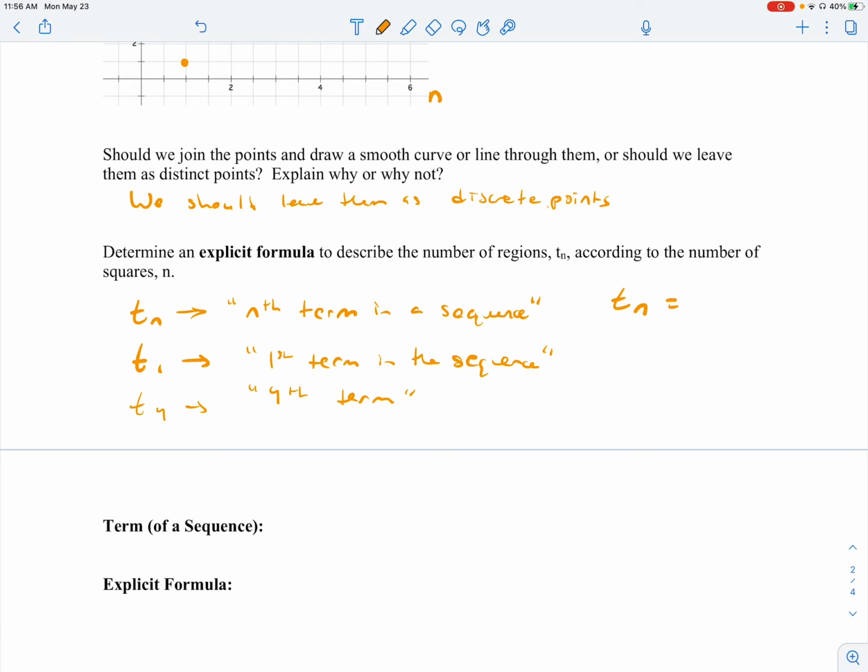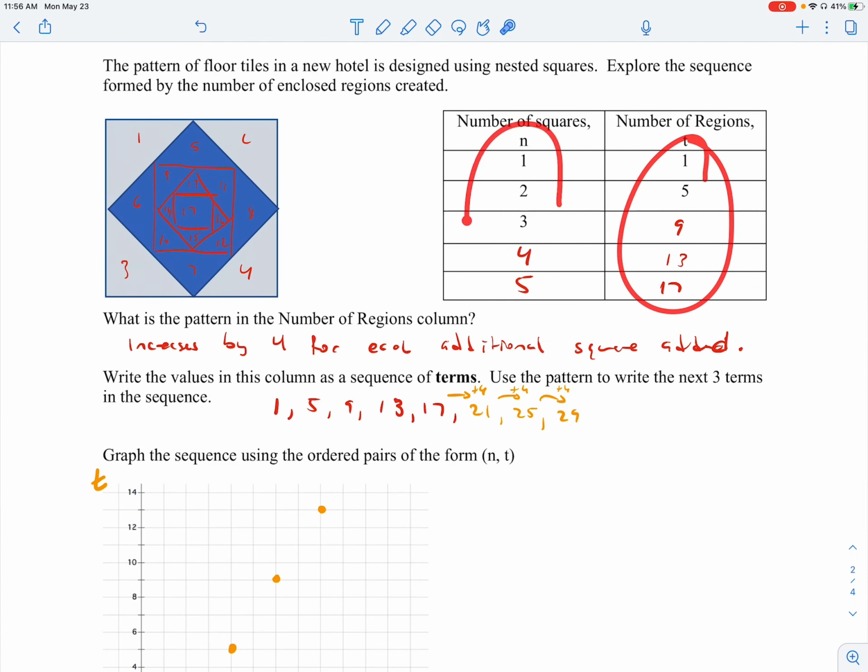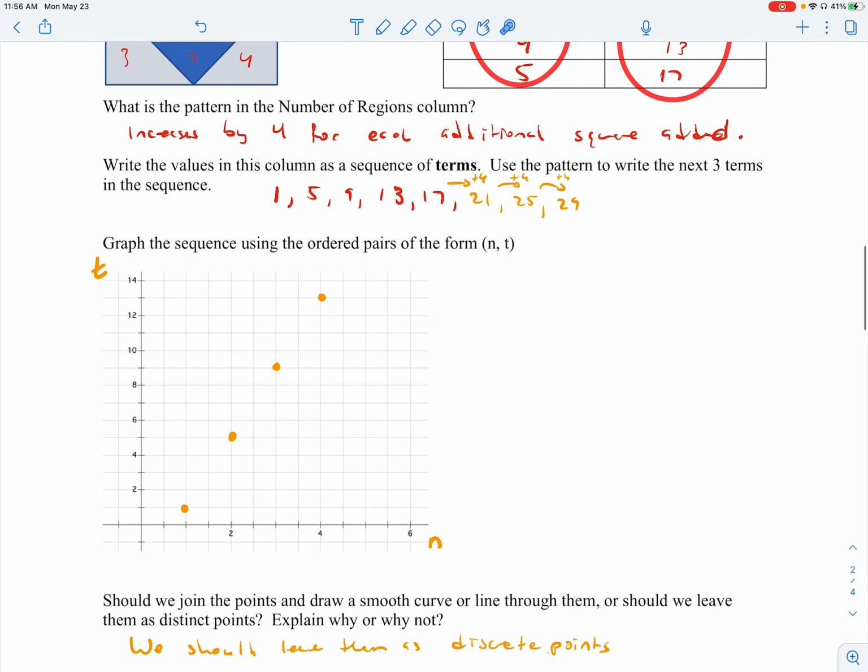Maybe I'll give you a few minutes to try to come up with that equation, because that is an important part of this. So maybe pause the video and see if you can come up with the equation here. We want to relate these numbers with these numbers. It shouldn't be too hard because these points look like they form a linear equation, right? So go ahead and try that.